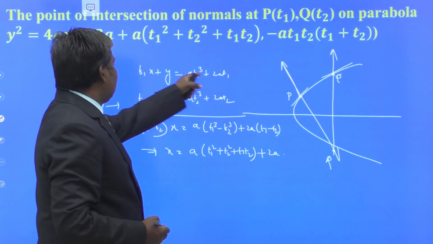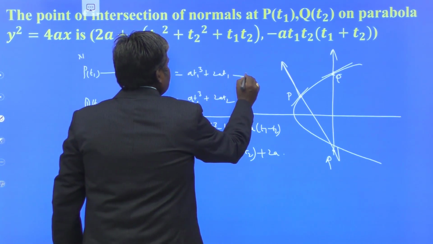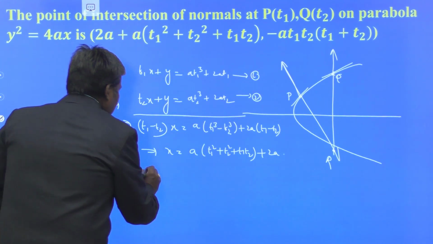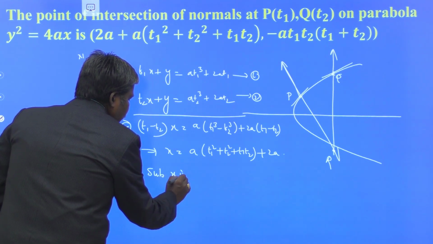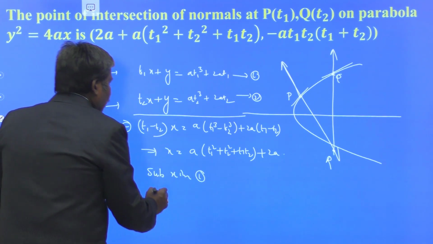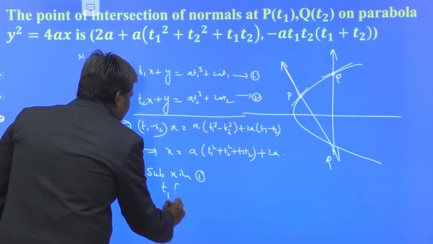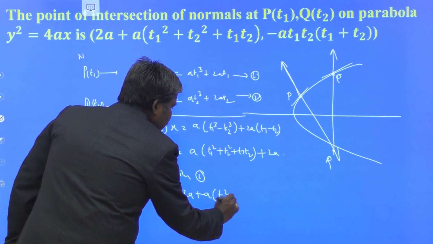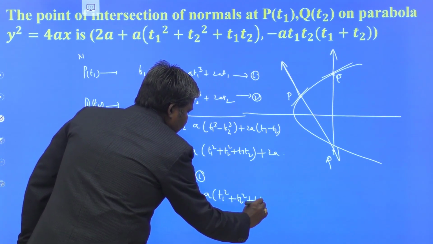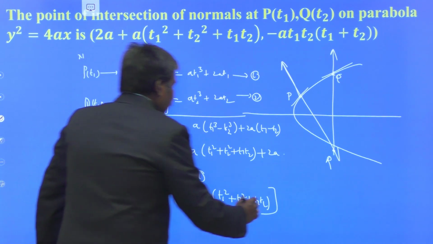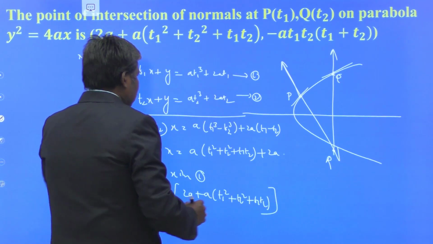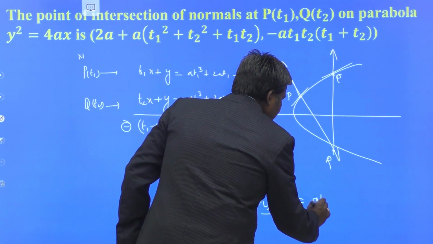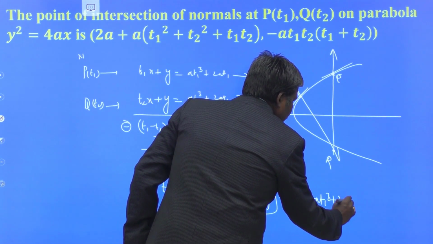Substitute the x coordinate in any one of the above equations, that is in either 1 or 2, and we obtain the coordinate of y. Substitute x in 1. T1 times x is like this: 2a plus a into (T1 square plus T2 square plus T1 T2) plus y is equal to at1 cube plus 2at1.